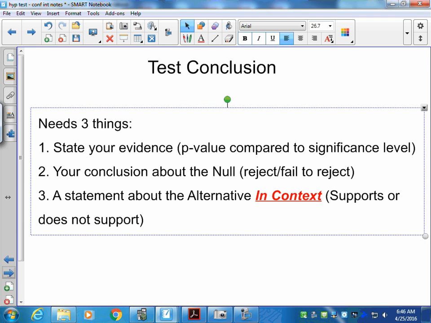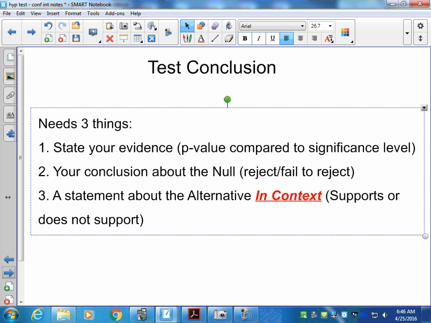Now, wrapping up every problem, we wrap up the problems with a conclusion statement. If you're doing a test, you need 3 things for your conclusion. State your evidence based on our p-value of blank compared to our significance level of 0.05. What conclusion do you make about the null? Reject if your p-value is lower than the significance level.